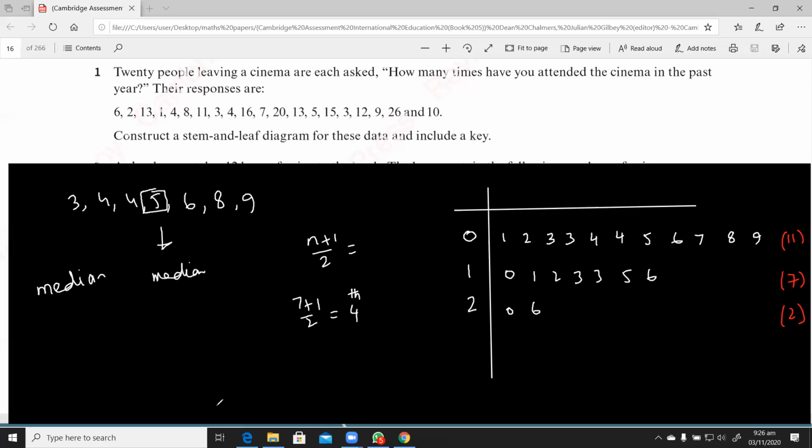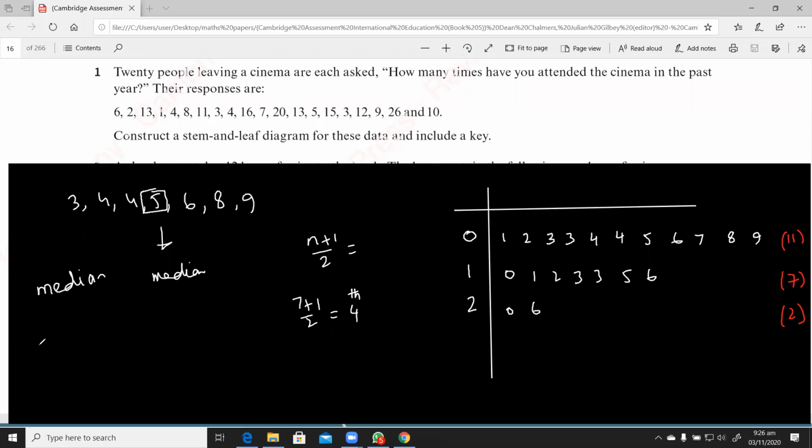Have you ever tried finding the lower quartile in such situations? Okay, let me tell you how to find the lower quartile and the upper quartile. But parallel to this, I need to have another situation with an even number of observations.